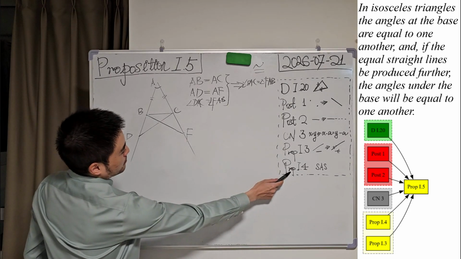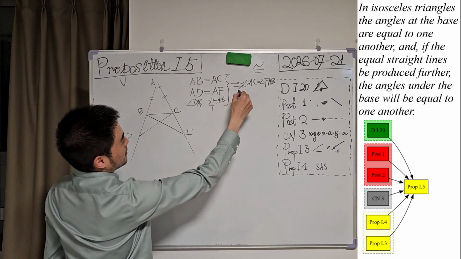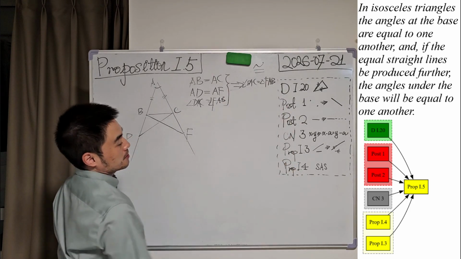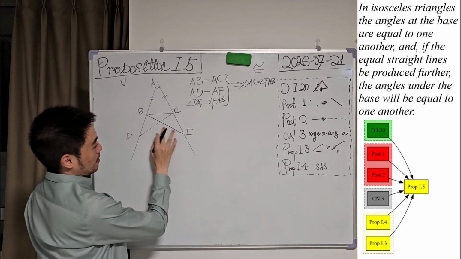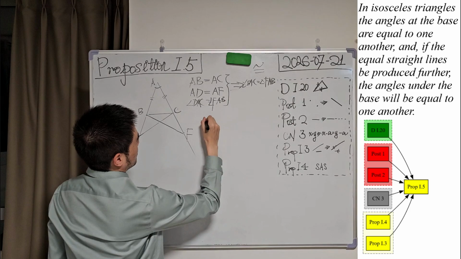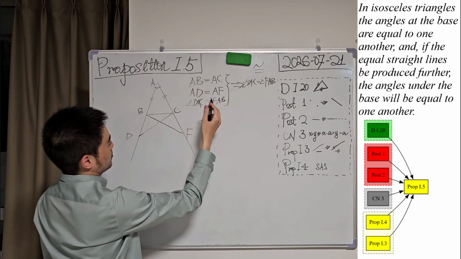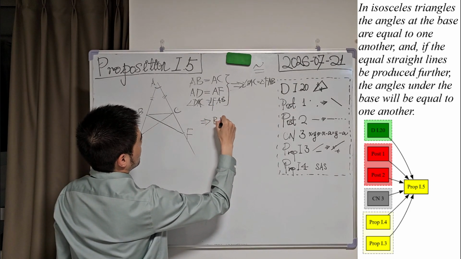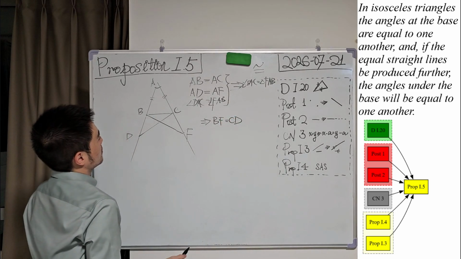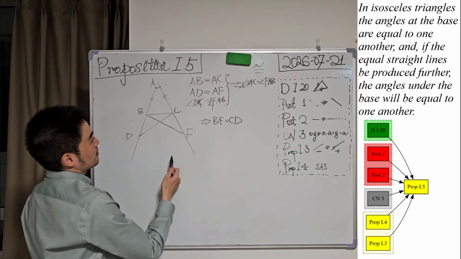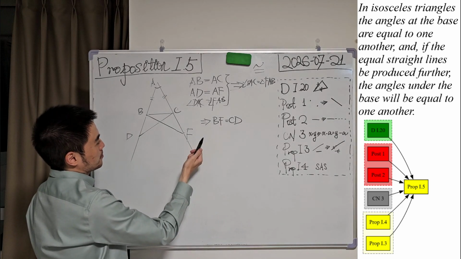And from proposition 4, we know that if these two triangles are equal, then the other sides are also equal, which means BF is equal to CD. And the related angles are also equal.